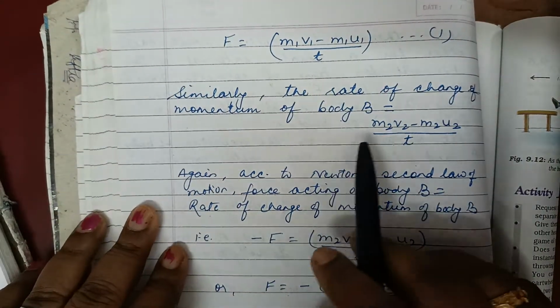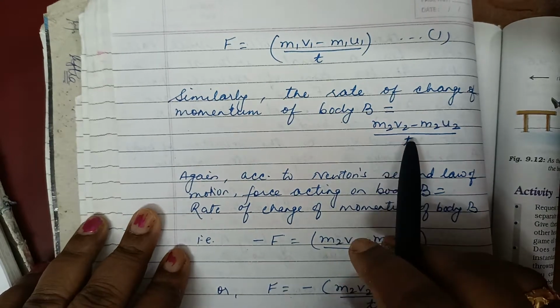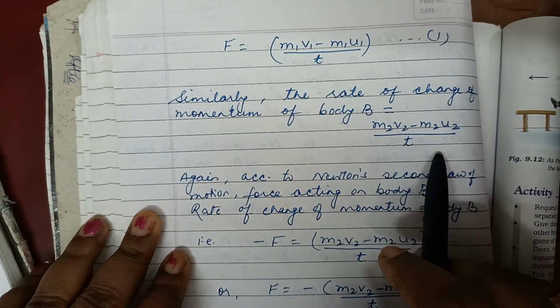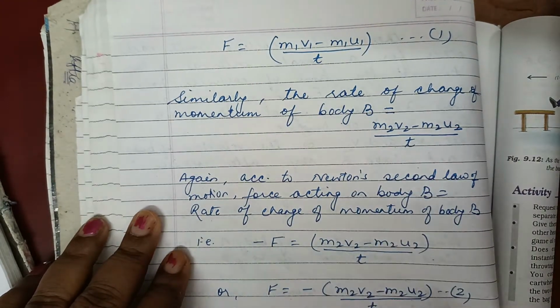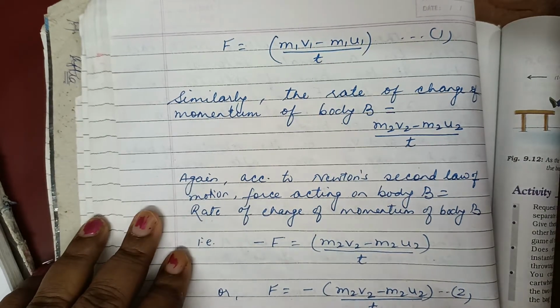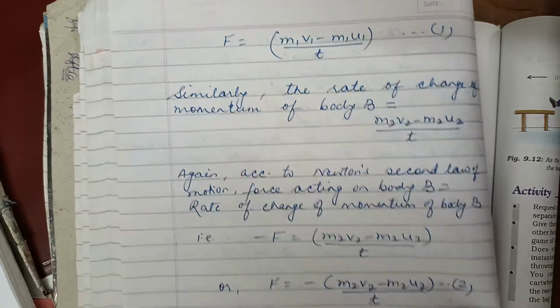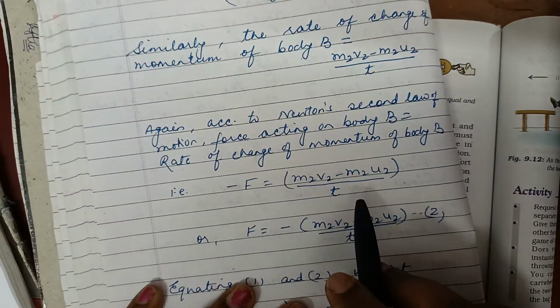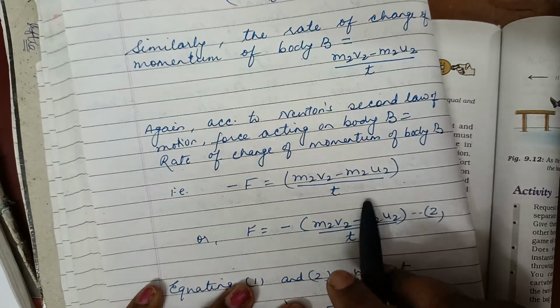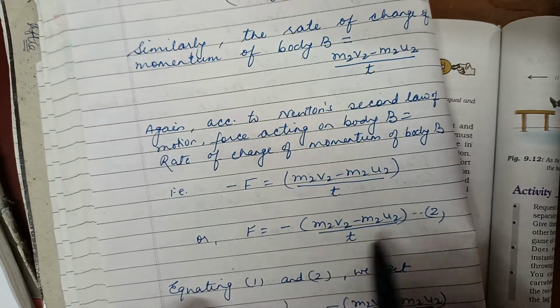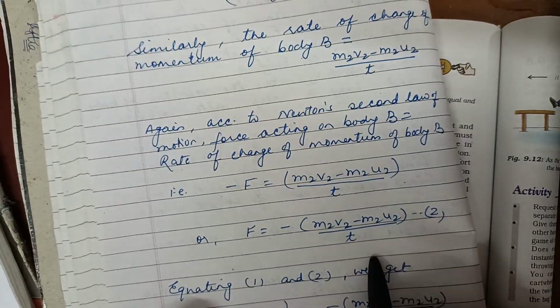Similarly, the rate of change of momentum of body B will be m2 v2 minus m2 u2 by t. According to Newton's second law, force acting on body B equals the rate of change of momentum of body B, that is minus F equals m2 v2 minus m2 u2 by t, or F equals minus into m2 v2 minus m2 u2 by t.